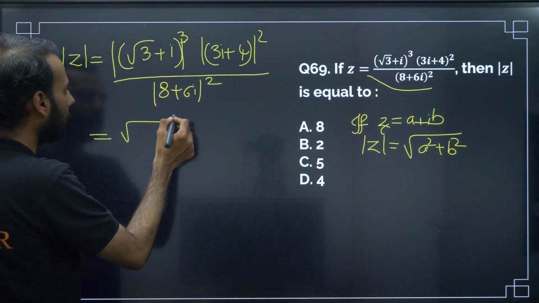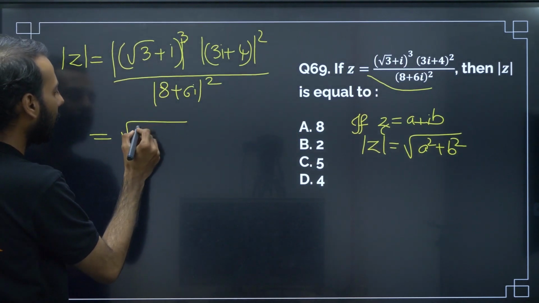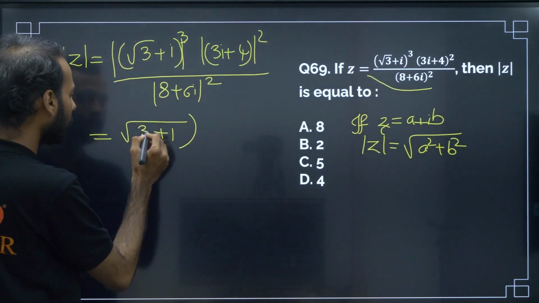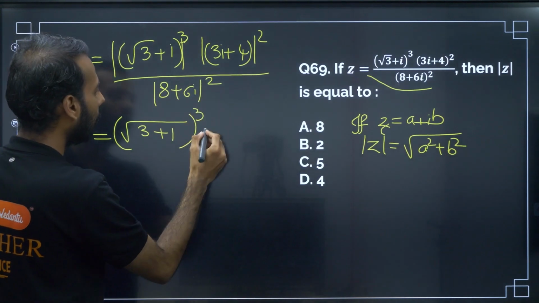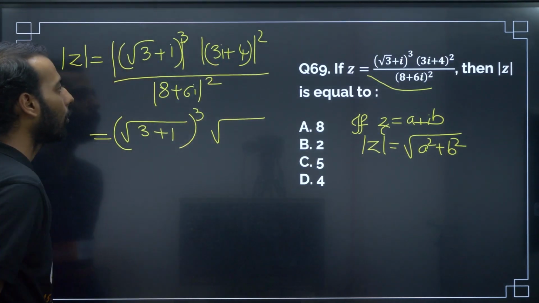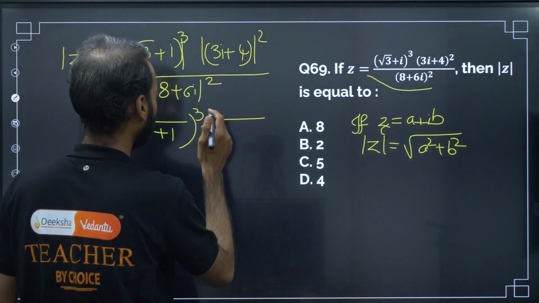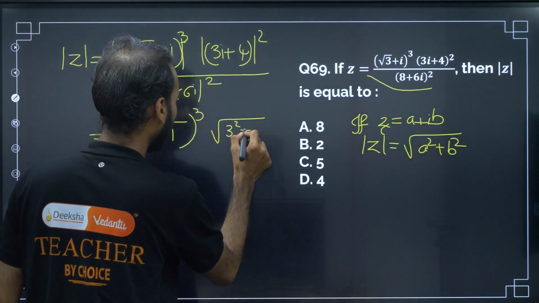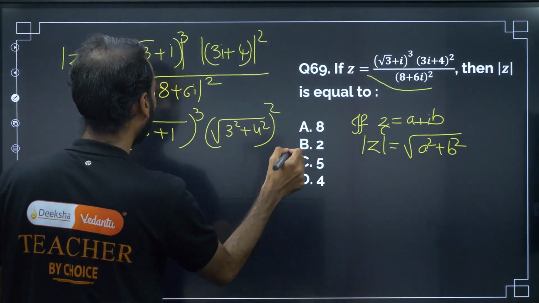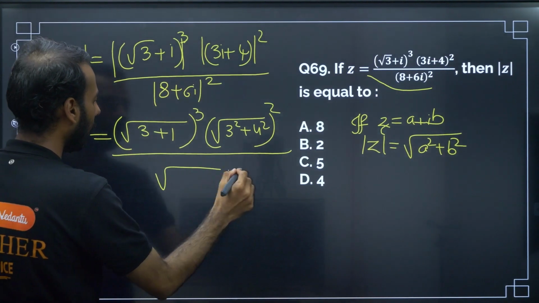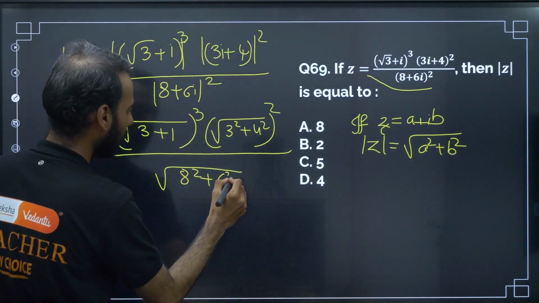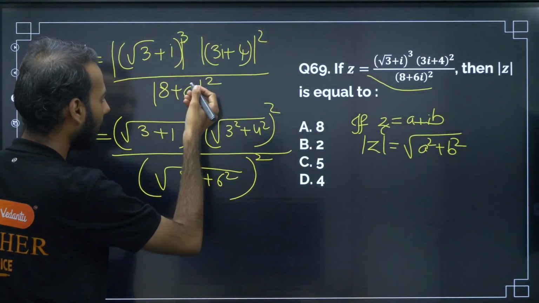Applying root of a square plus b square, this becomes 3 plus 1 cube. Further, root of 3i plus 4 gives 3 square plus 4 square, divided by root of 8 square plus 6 square, and this square as it is.